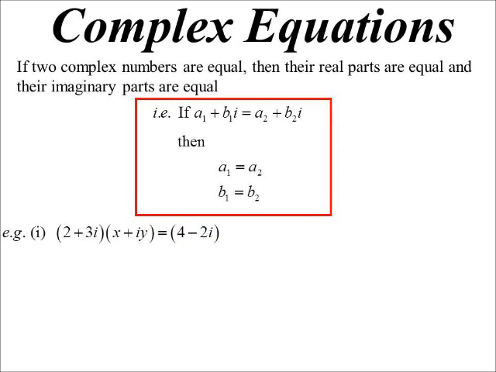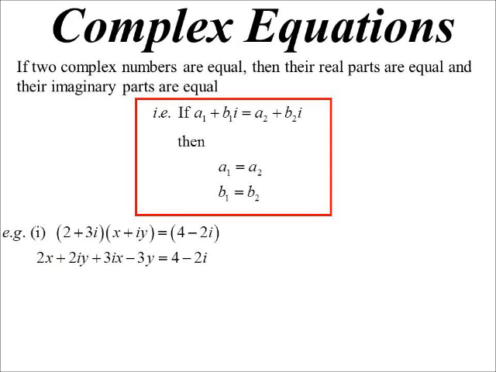So in order to solve this equation, I've got two options. I could divide both sides by 2 plus 3i, or I could expand the left-hand side out and create a couple of simultaneous equations. So I think that's what I'm going to do. So expanding the left-hand side out and then grouping the real part with the real part and the imaginary part with the imaginary part.